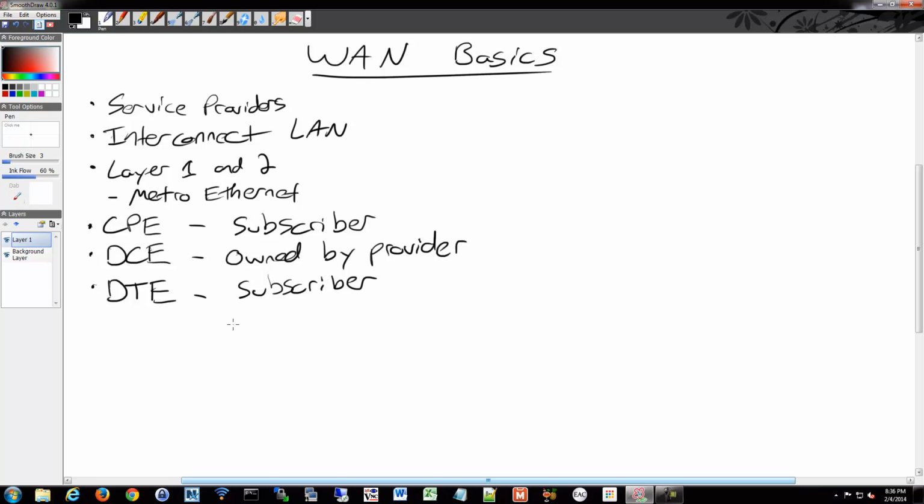And that transfers data from your local area network to the DCE so that it can go onto the WAN. Sometimes these are individual devices, sometimes they're built into one, and you lease the whole thing from the provider, or you own your own, or something like that. It depends on your setup.